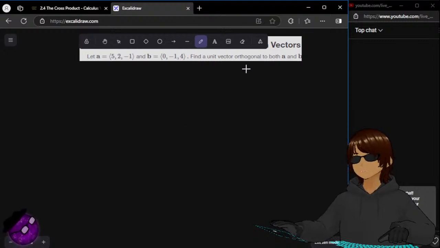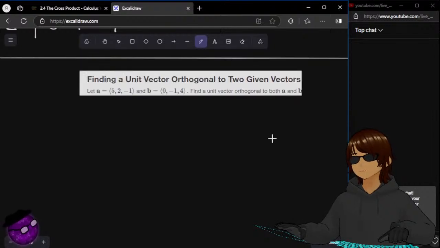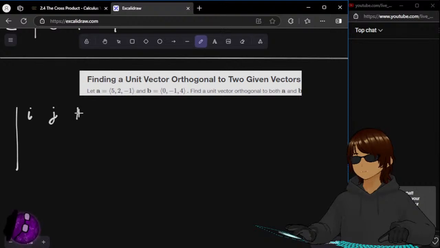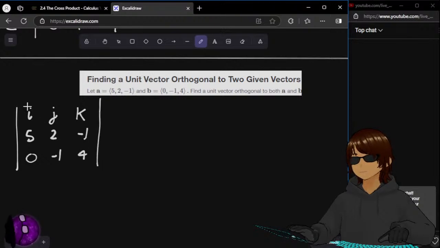Find a unit vector orthogonal to both A and B. So if we have the determinant of I, J, K, 5, 2, -1, 0, -1, 4. Then we have I, determinant of this box.